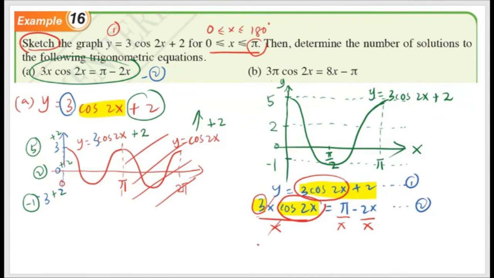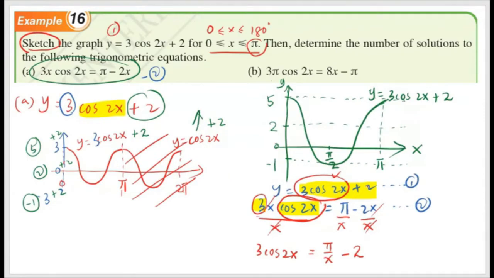Now you get 3 cos 2x equal to pi over x minus x over x. Simplify, it becomes 1, so now it's minus 2. So far, okay? Like this. Then after this you're done already.